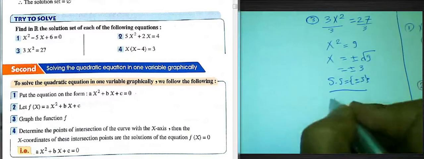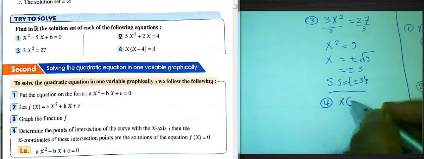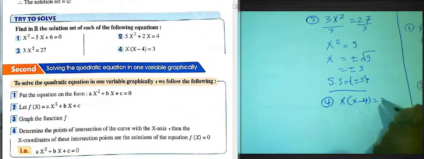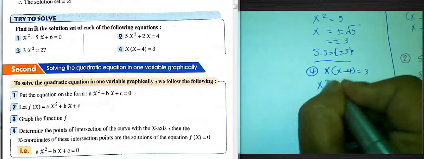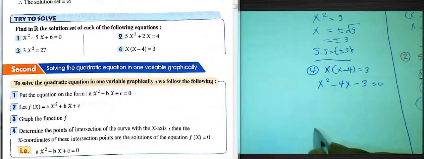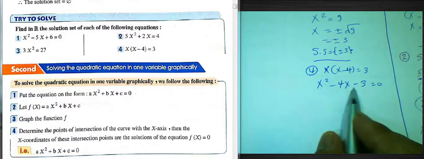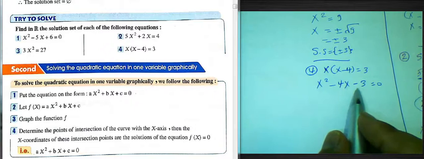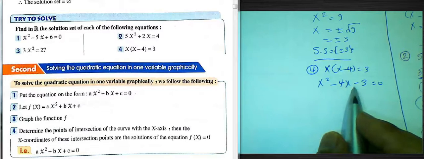Question 4. x times x minus 4, in brackets or parentheses, equals 3. We must solve it by distributing: x power 2, subtract 4x, minus 3 equals 0. We can't factor x power 2 minus 4x minus 3, because we don't have two digits whose product is 3 and whose difference is 4.